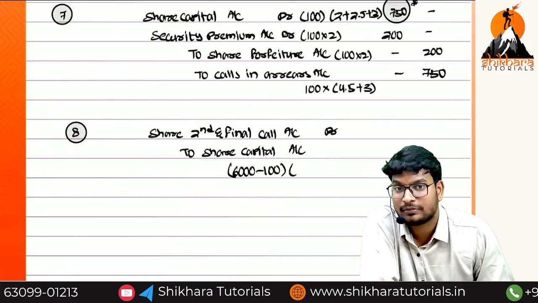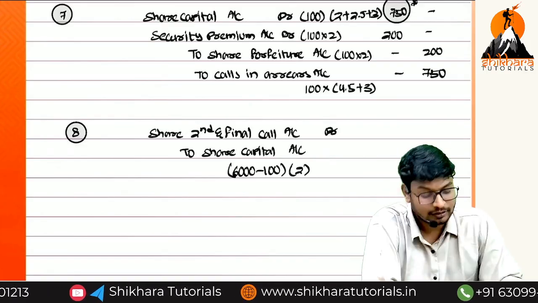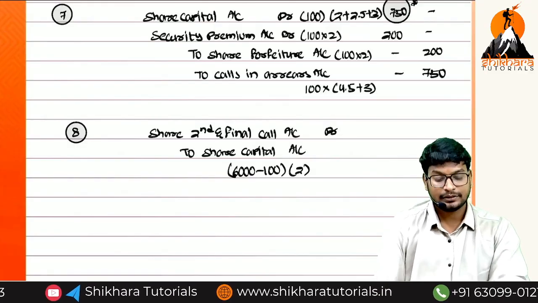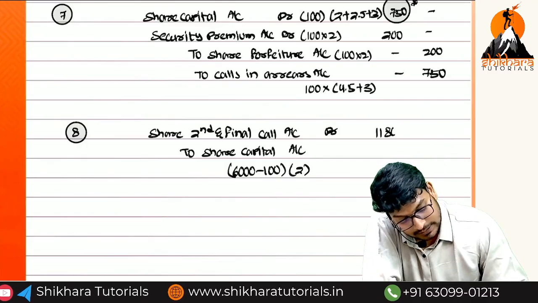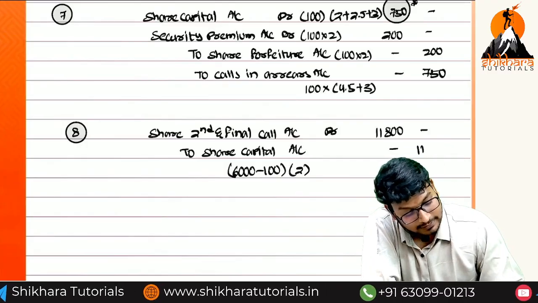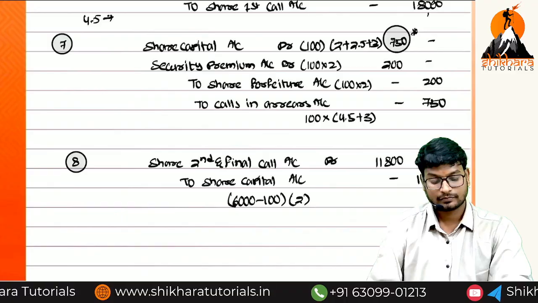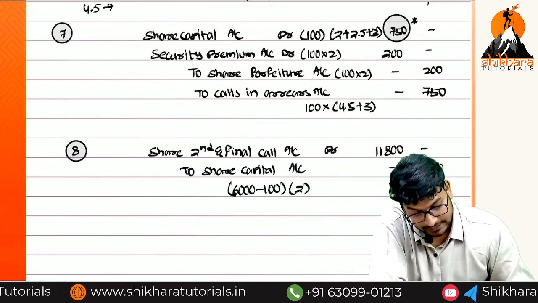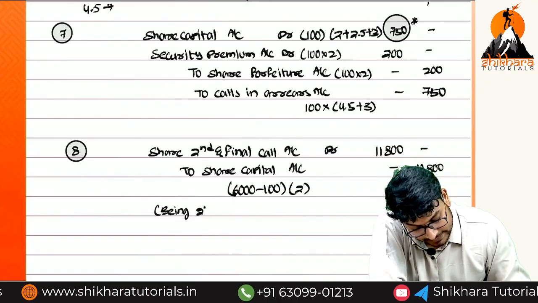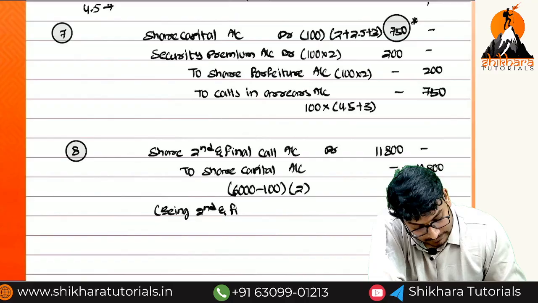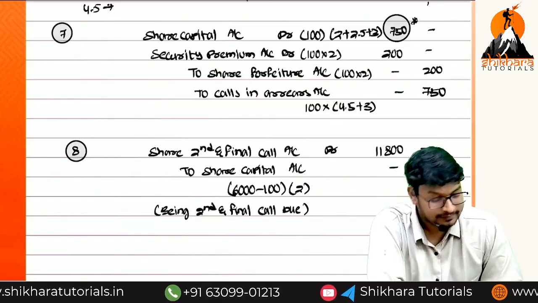What is the final call amount? 2. 5,900 into 2 is 11,800. Is there any doubt? Being, what is the narration? Being second and final call due and receivable.